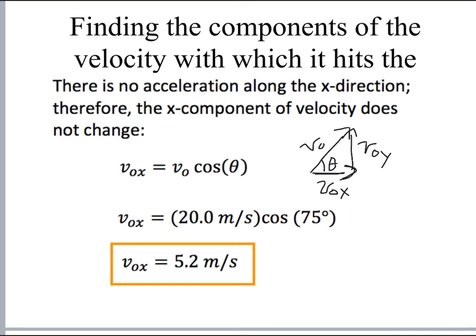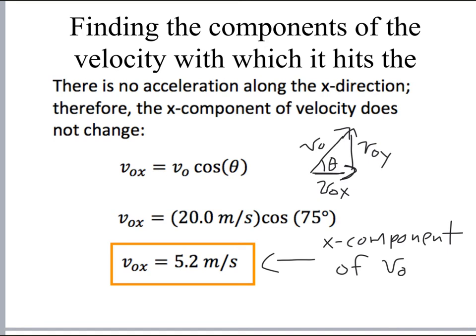I plug in my values, and I find the x component of the initial velocity, the x component of v naught. And that's what we're going to need to find the velocity at the bottom.